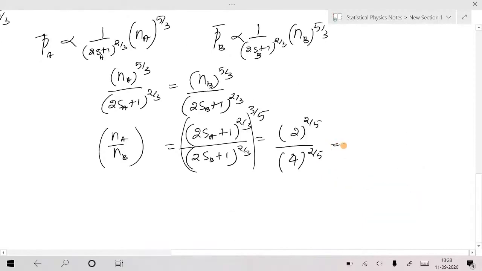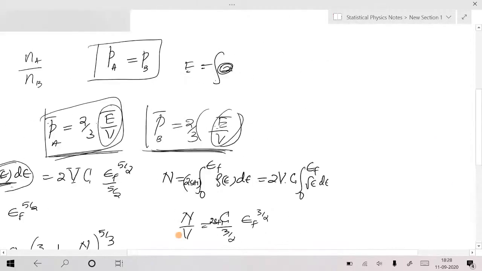Or I can write it as 2 raised to 2 by 5 whole divided by 2 squared raised to 2 by 5, that is 2 raised to 4 by 5. So that 2 raised to 2 by 5 minus 4 by 5, so 2 raised to 2 by 5. You have that option.